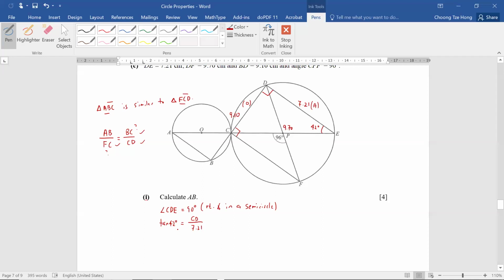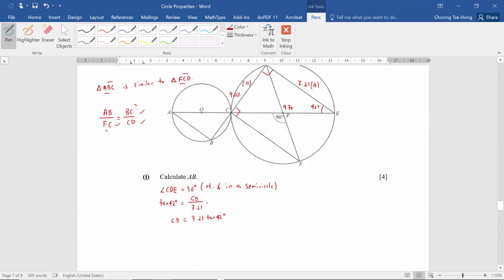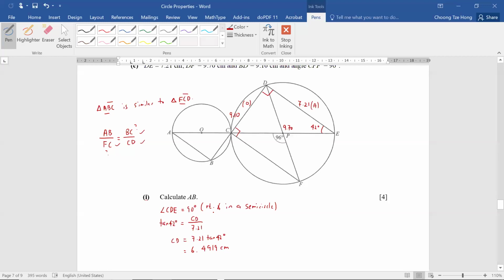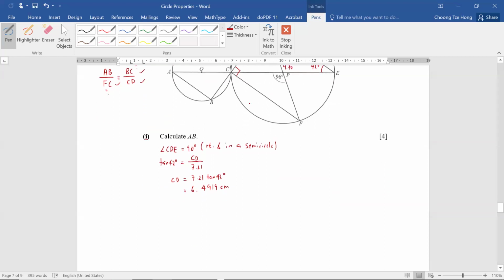So CD is going to be 7.21 times tangent 42 degrees, which would be 6.4919 cm. I write more decimal places because it's a working step. Okay, so I found CD already. So CD is 6.4919.